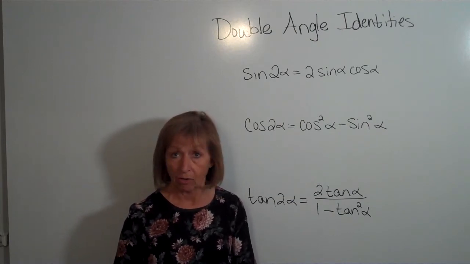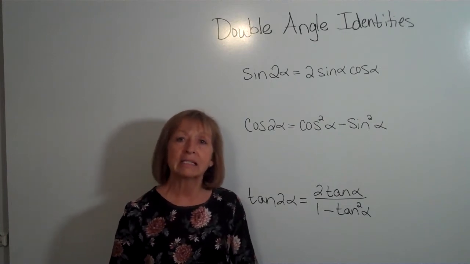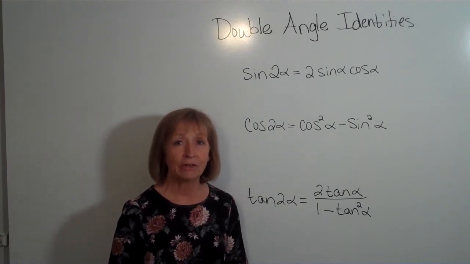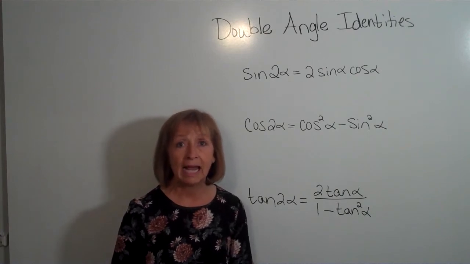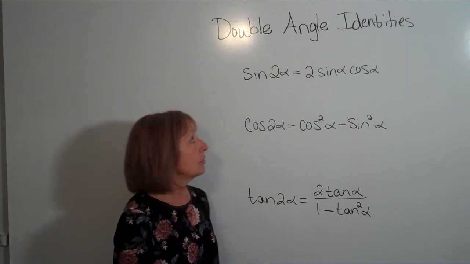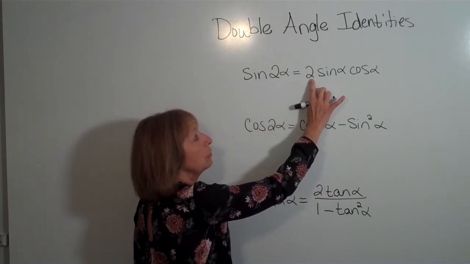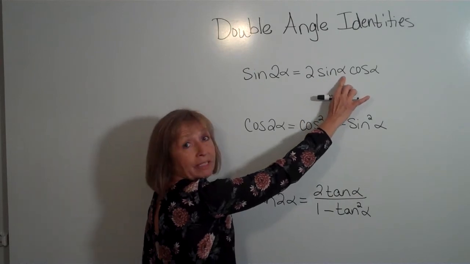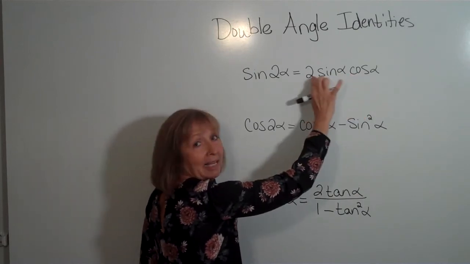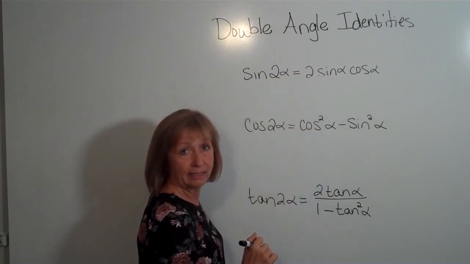That doesn't work at all. You have to look at what the expansion is and the simplification of the expansion so that you really have an equivalent expression in your identity. So the sine of 2 times alpha is actually equal to 2 times the sine of alpha times the cosine of alpha. I need that entire expression to mean the same thing as the sine of 2 alpha.